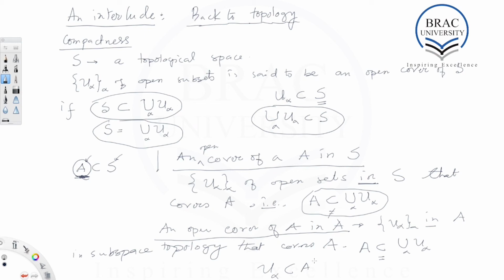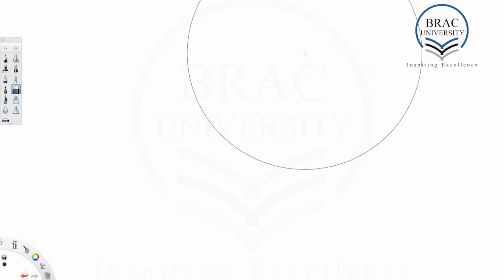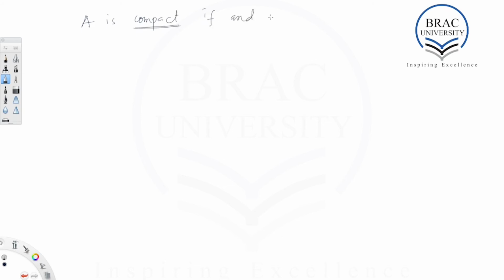Okay. Now the definition of a compact topological space. A is compact if and only if every open cover of A in A, remember, in A, in the definition we have in A, has a finite subcover.